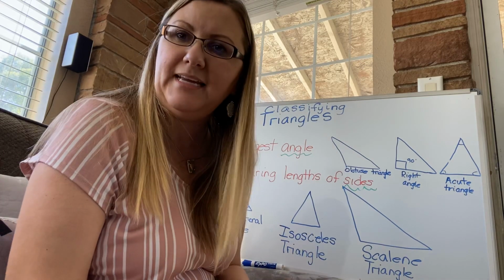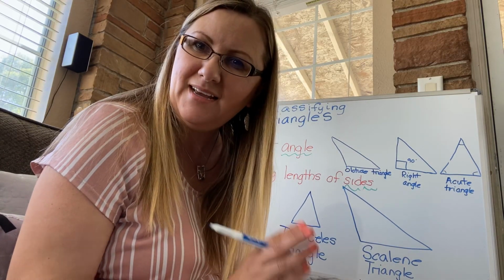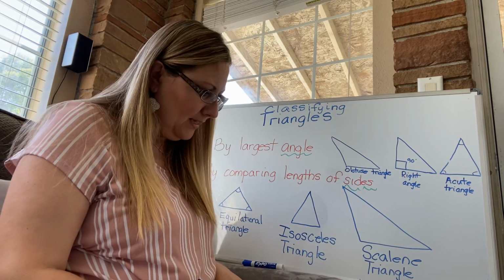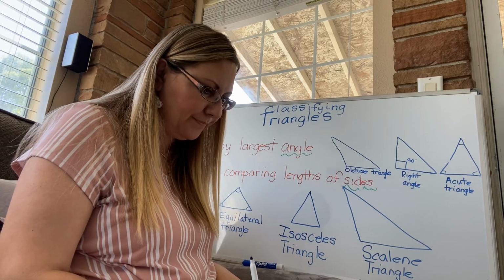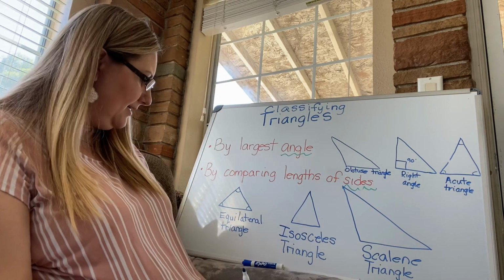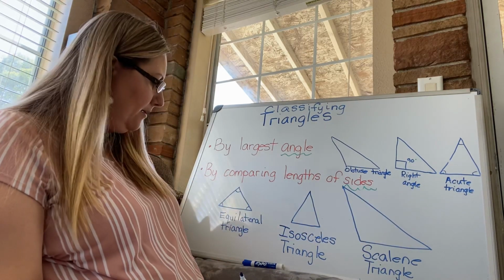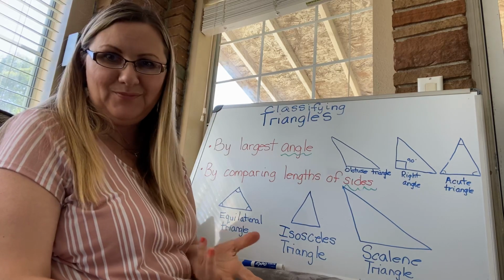So if we have an equiangular triangle, what do you think that means? Right? Equal angles. Right? So let's see. Which of these triangles at the bottom have equal angles? Which one do you think?